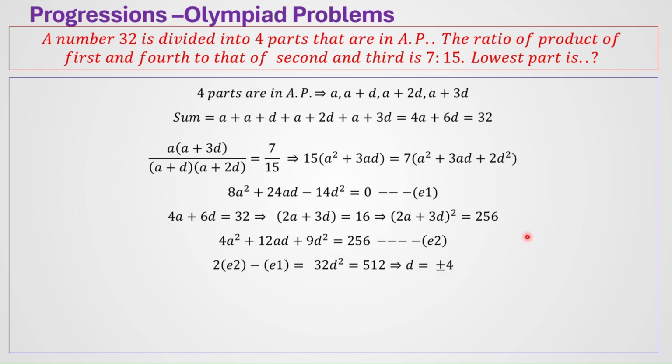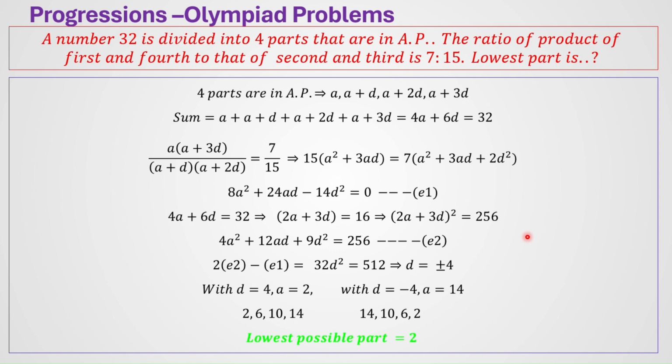Once you have this, it's very easy. With D equal to 4, A is 2. With D equal to minus 4, A is 14. So the series is 2, 6, 10, 14, or 14, 10, 6, 2. The lowest part is 2. That's the answer. Next.